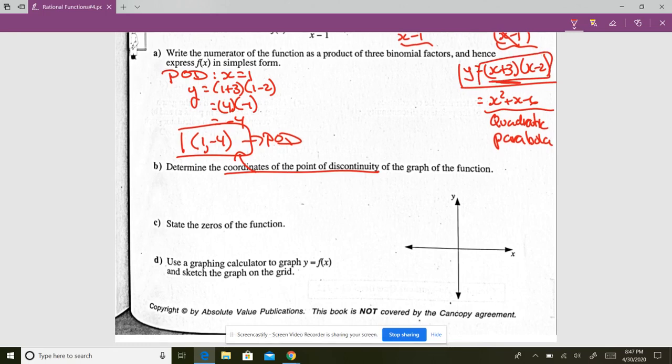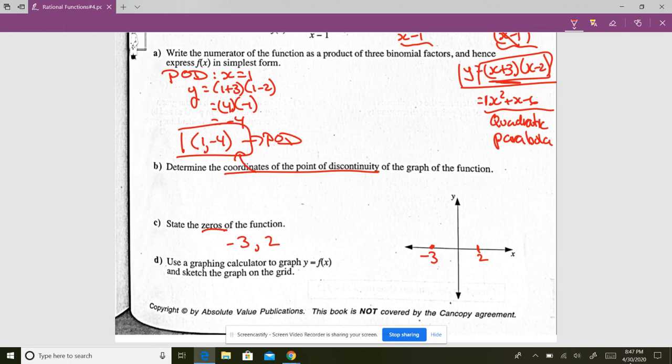If you remember from the last unit, yes. So x-intercepts, or the zeros, are negative 3 and 2. Mark negative 3 and 2 on the graph. It has a positive leading coefficient, it's 1 here.